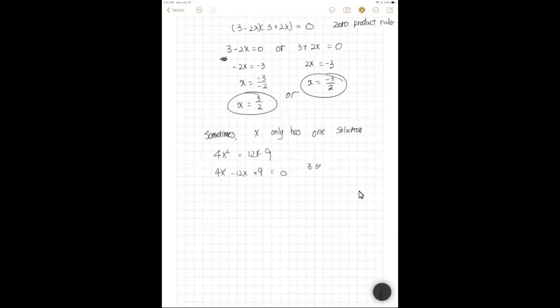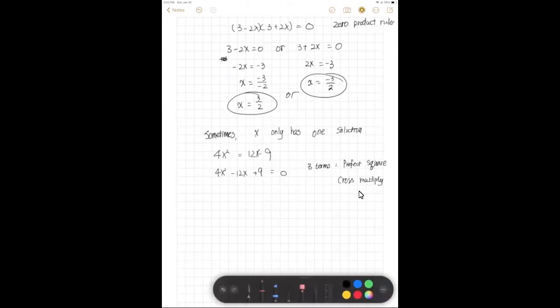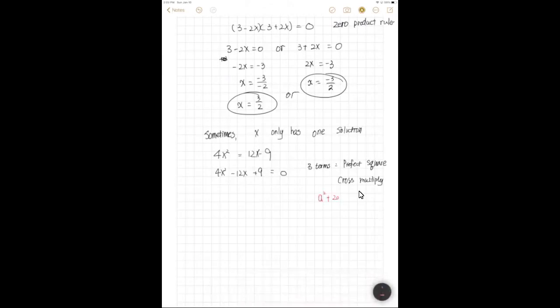What can you use? Well, either the perfect square, or you can use cross multiply. Okay, so this just fits the perfect square, because if you remember the perfect square, which is a squared plus or minus 2ab plus b squared is equal to (a plus or minus b) squared.